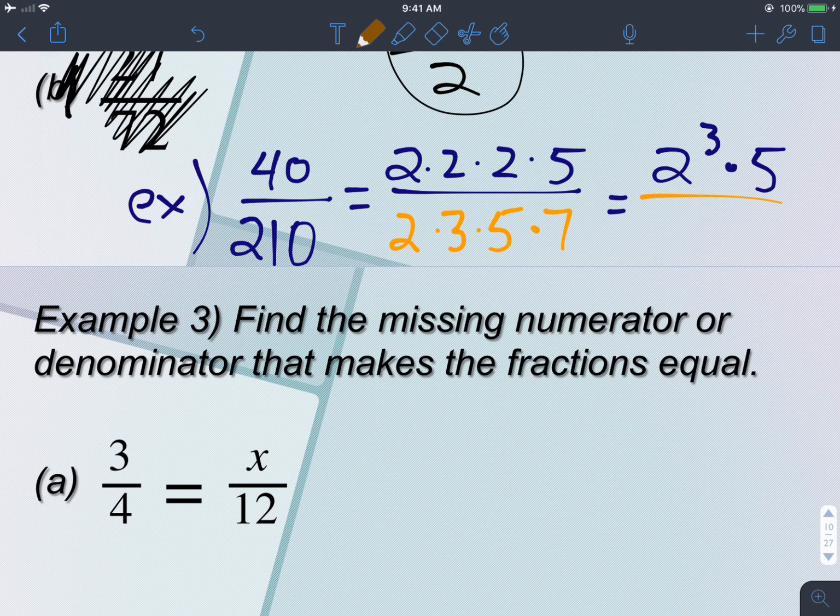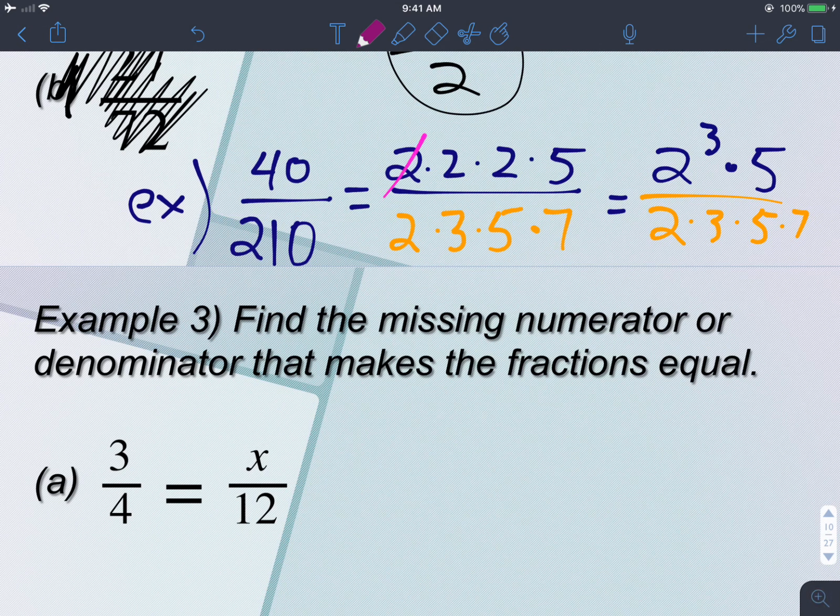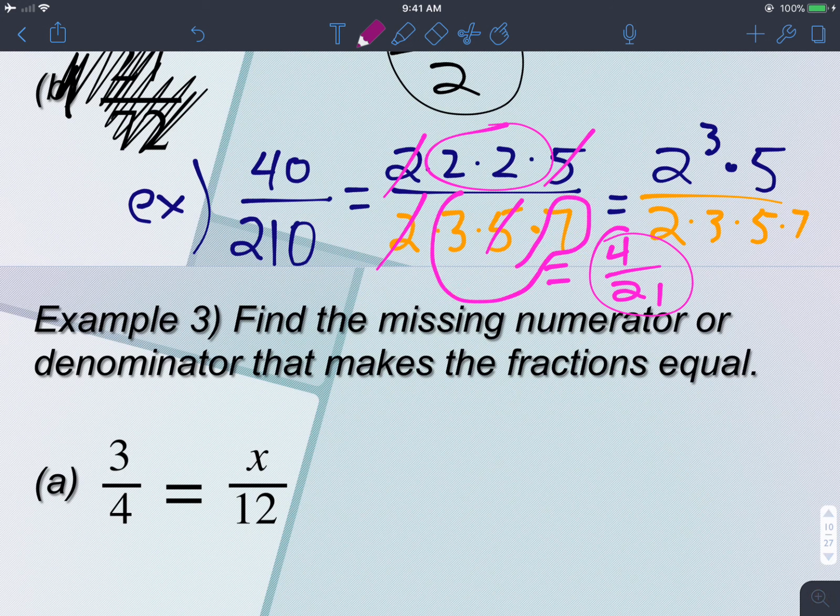So what cancels? 2 and 5. Right. So I've got a 2 and a 5. This thing should reduce to 4 over 21. Because think about it. 2 times 2 is 4. And 3 times 7 is 21. All right? It's like chapter 1 and chapter 2 put together.